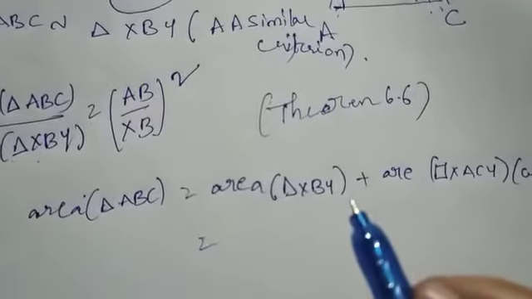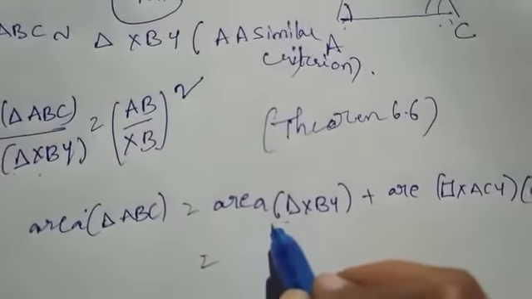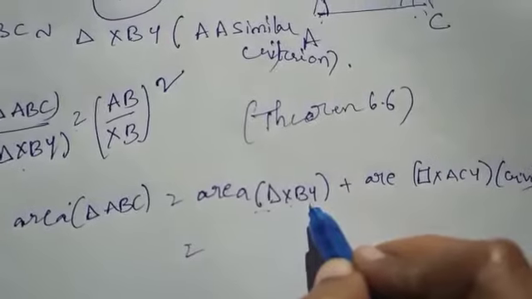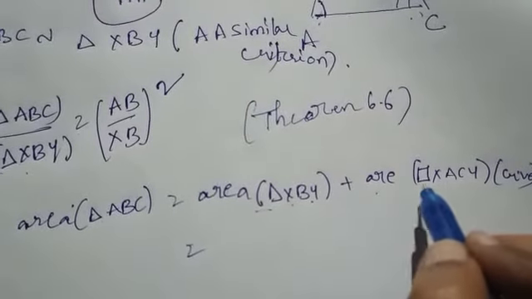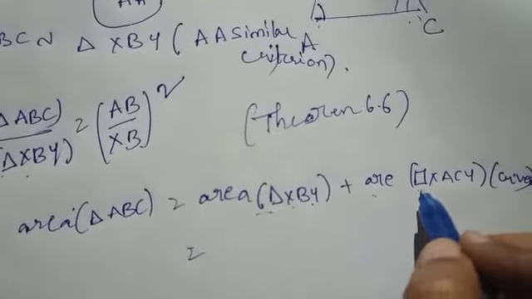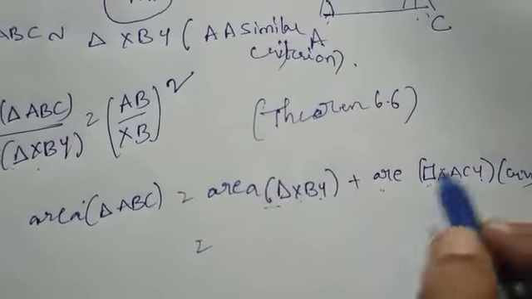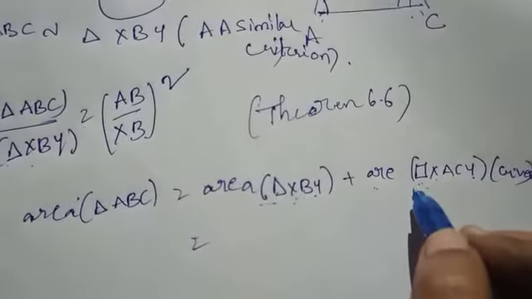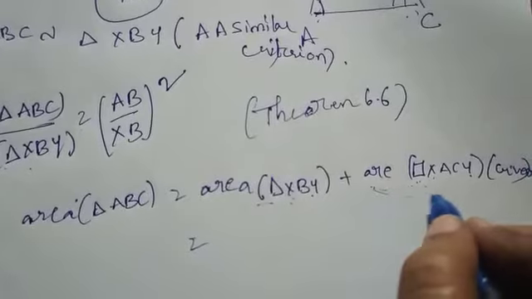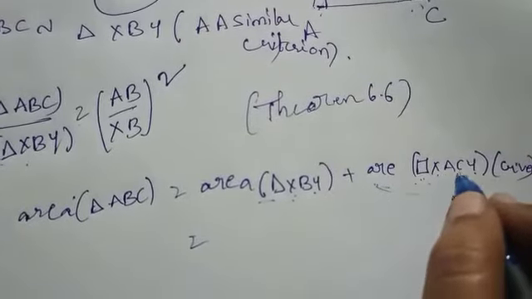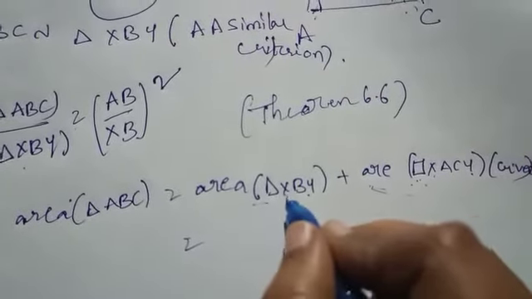So we know area of triangle XBY equals area of quadrilateral XACY. Okay. Both areas are equal. Instead of area of quadrilateral XACY, we write area of triangle XBY.